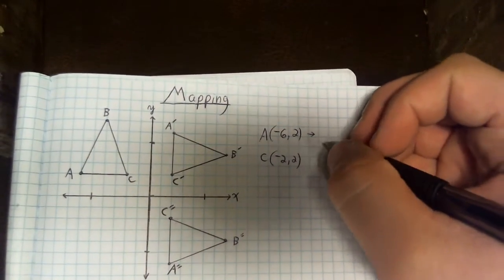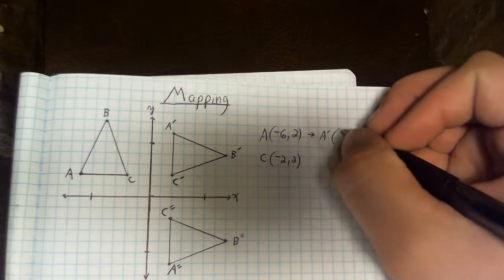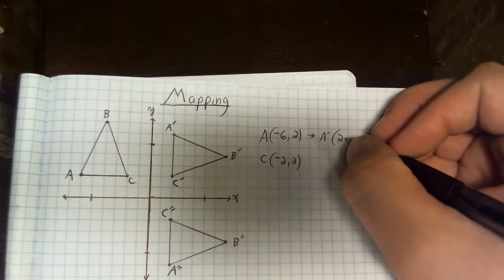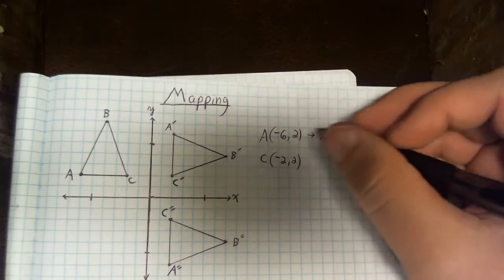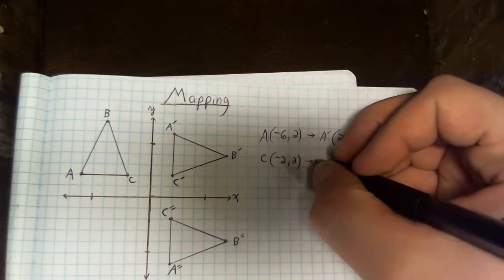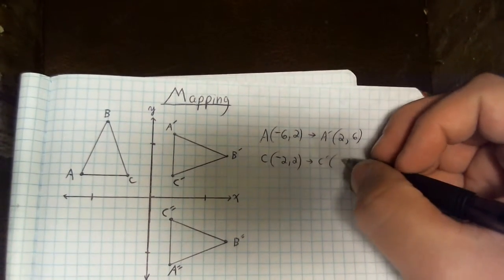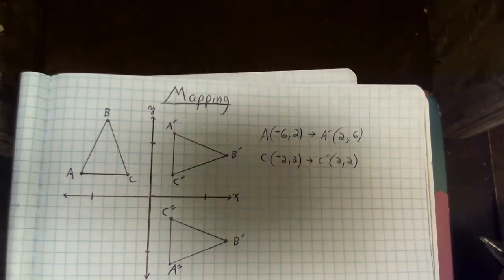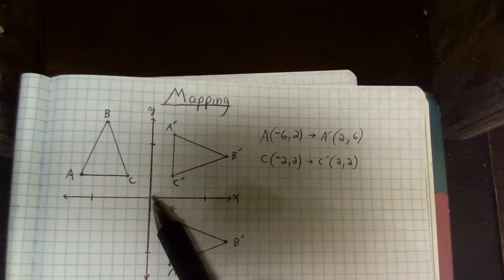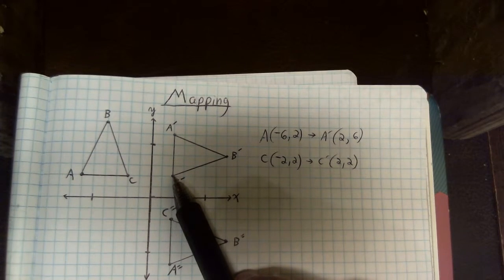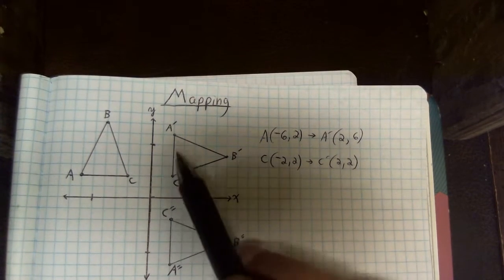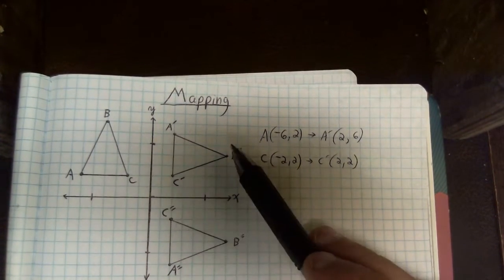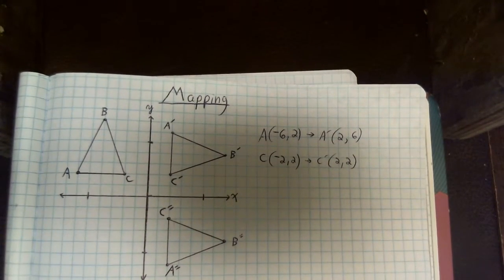If I put it through a 90-degree rotation, that's going to give me y and the opposite of x, which is +6. C would end up at 2 and the opposite of -2, which is +2. So C prime fell at 2,2, good there. A prime was at 2,6, good there. And I bet you if we were to test B, we would see that it lands where we want it.